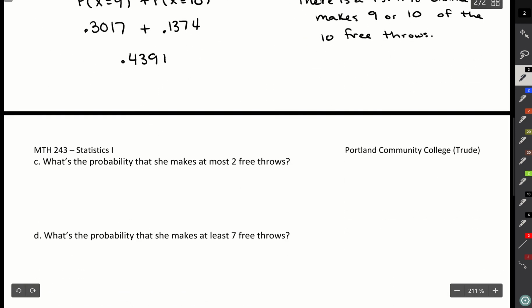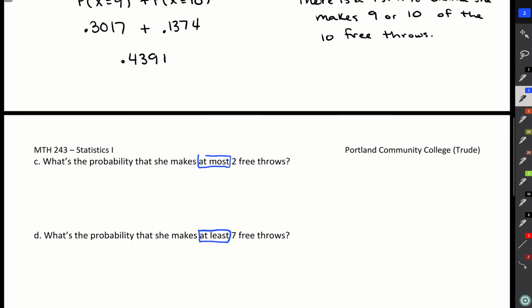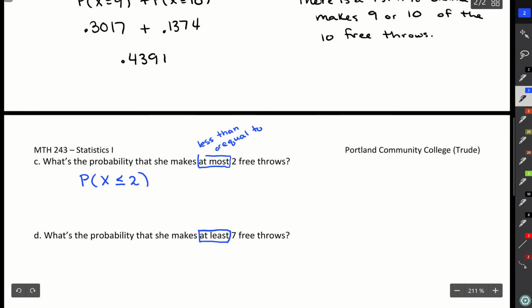Then, when we get to these next ones, wording like at most and at least start to create areas under the curve. The wording at most is always going to link to less than or equal to. So when I write this in my notation, I'm going to look for the probability that X is less than or equal to 2.